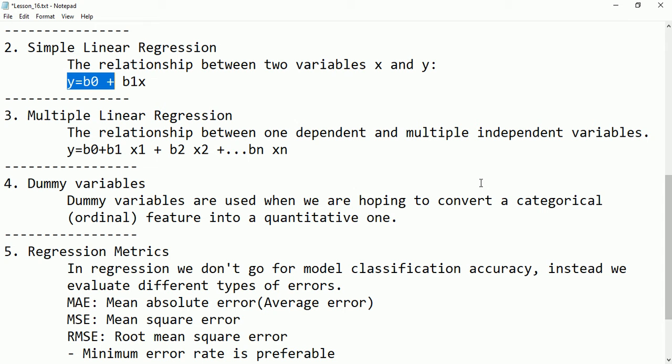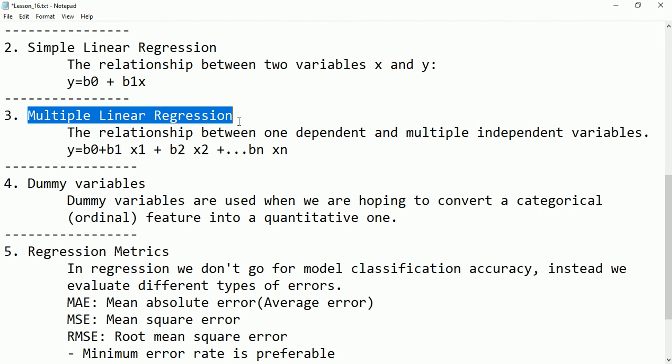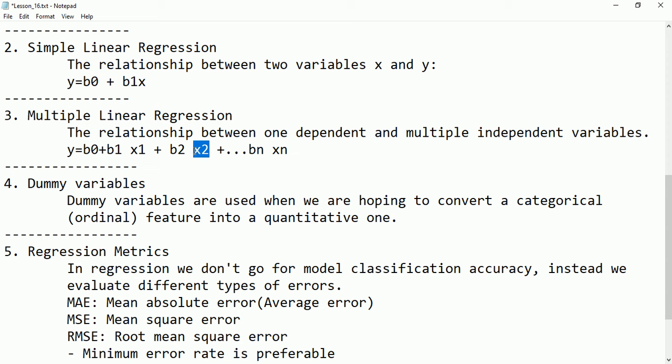Now the name itself suggests multiple linear regression. It means here we have multiple independent variables, not a single one. Here we have only a single independent variable, but there we have multiple independent variables, like x1, x2, x3, x4.